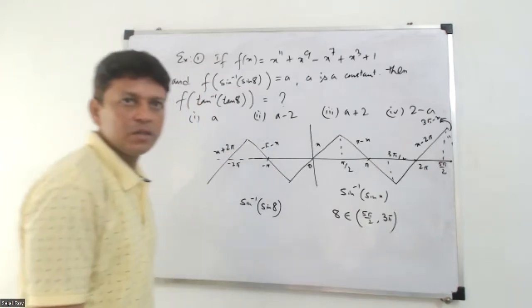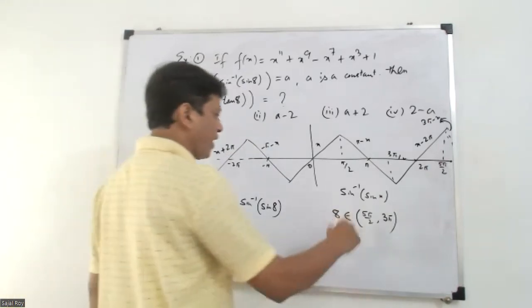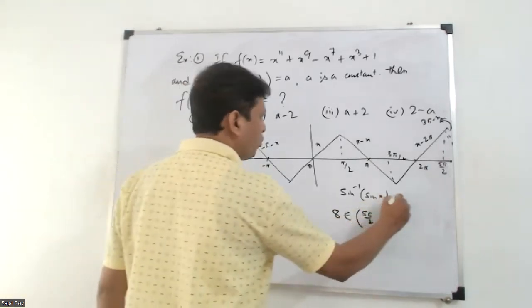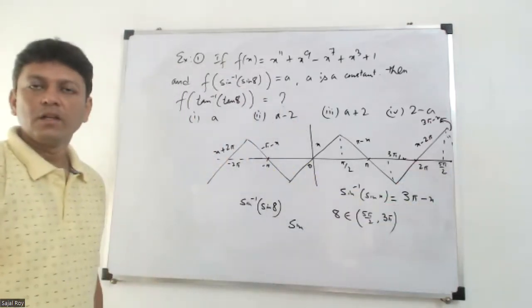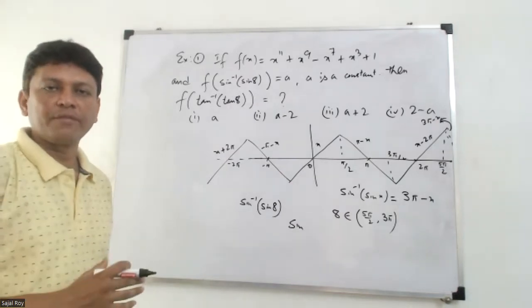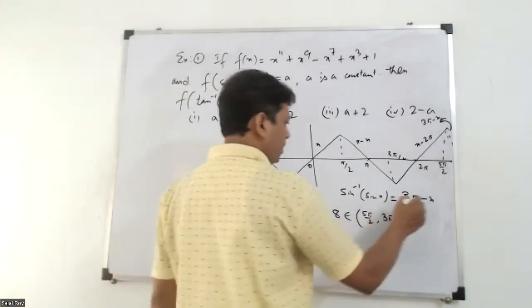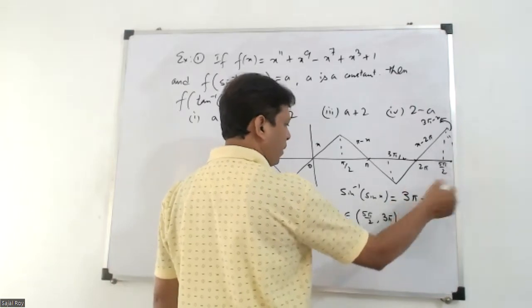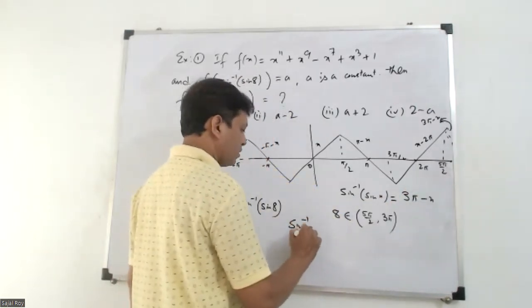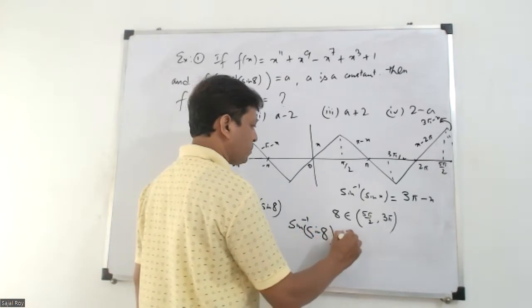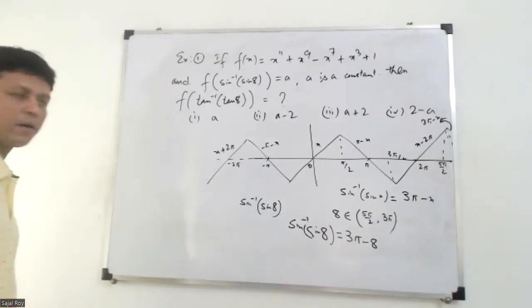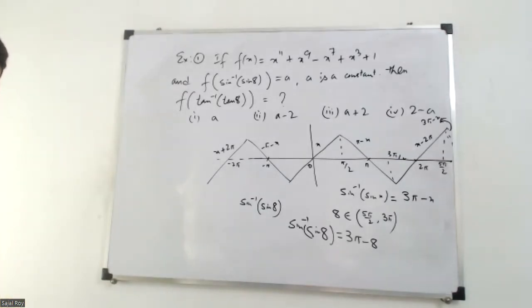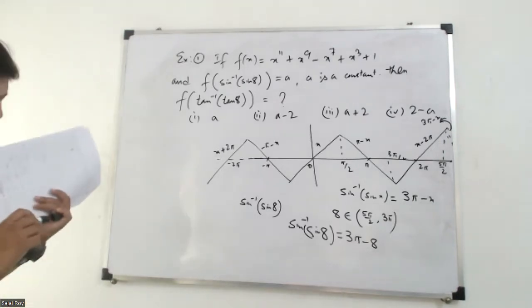In this range your sin inverse sin x would be 3 pi minus x from the graph. So always you have to remember the graphical knowledge. So sin inverse sin 8 is basically 3 pi minus 8. Okay, clear? Got it?